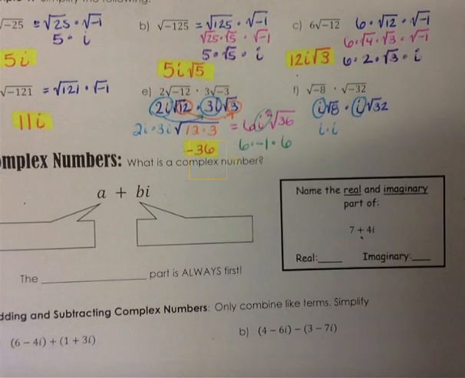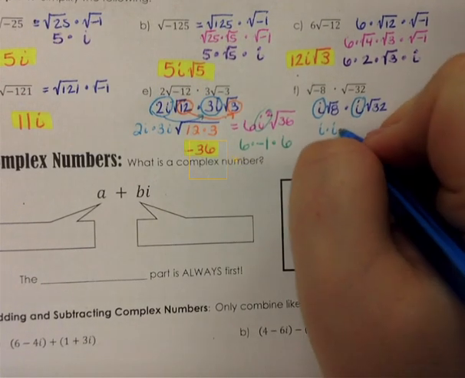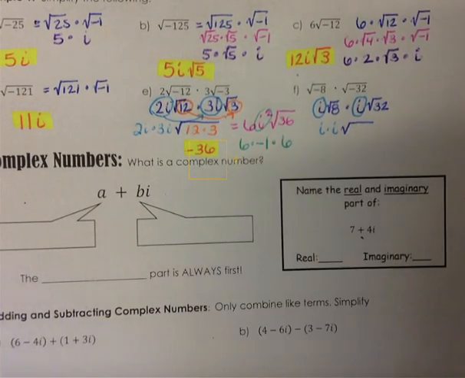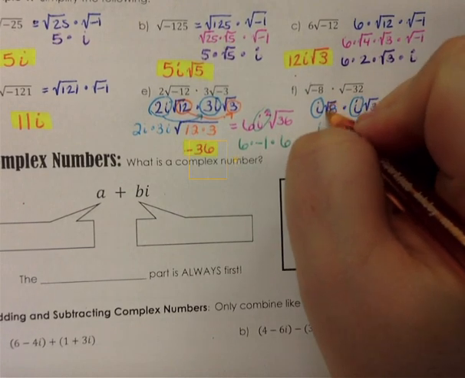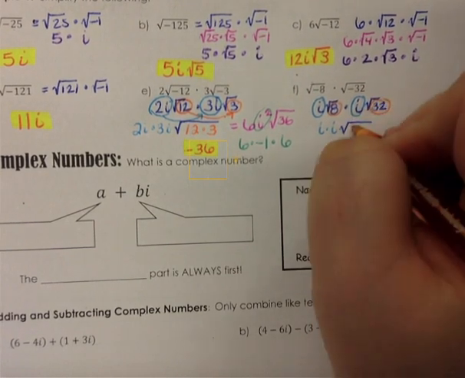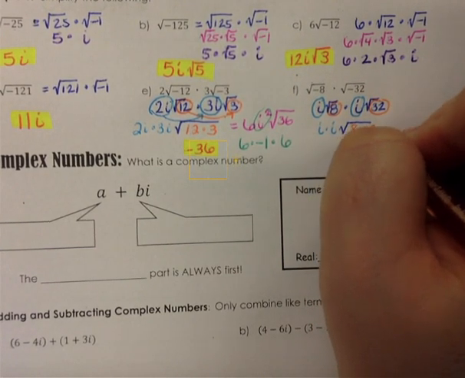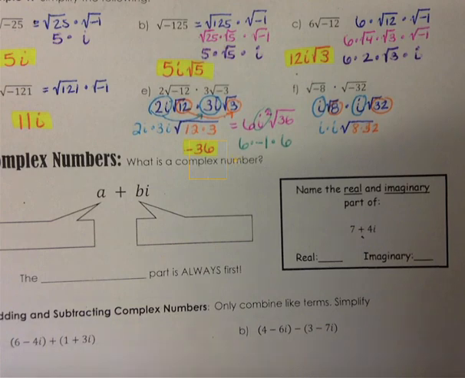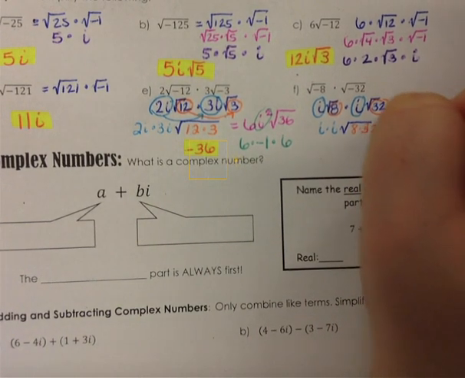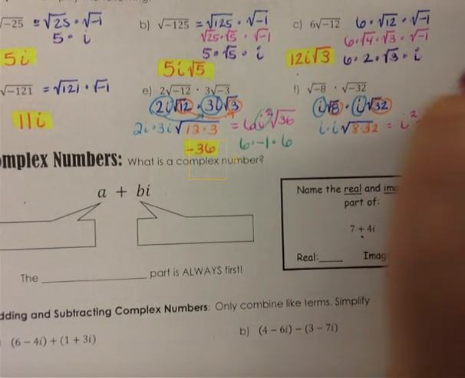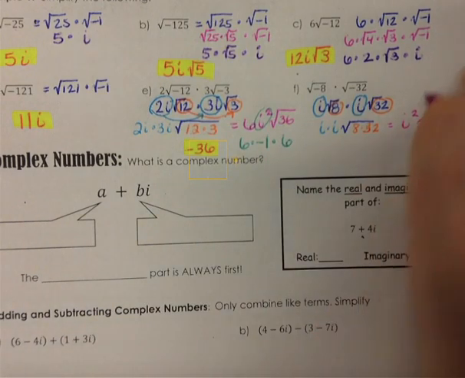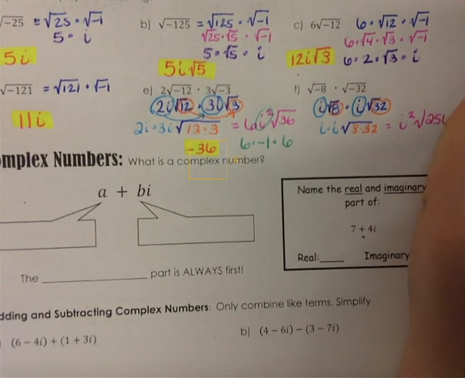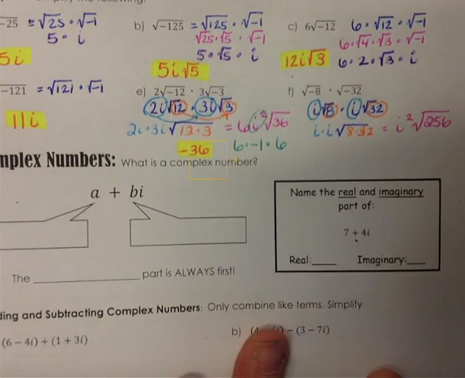Then I'm going to have that square root symbol, because now I'm going to multiply my radicands of 8 times 32. So then this will become i times i is equal to i squared. Square root of 8 times 32 is 256. So now I can simplify.